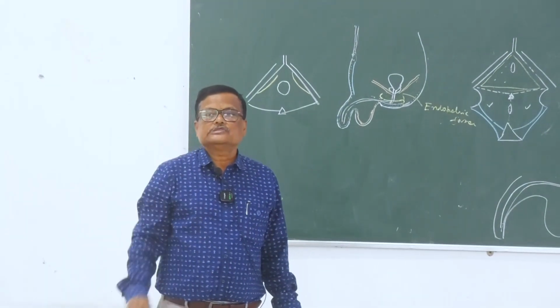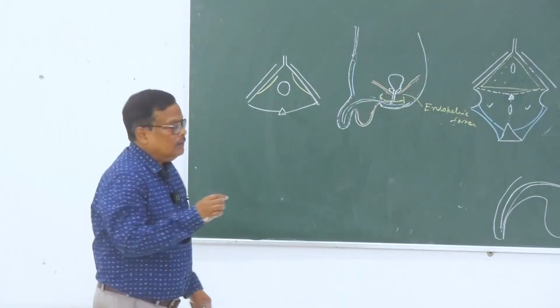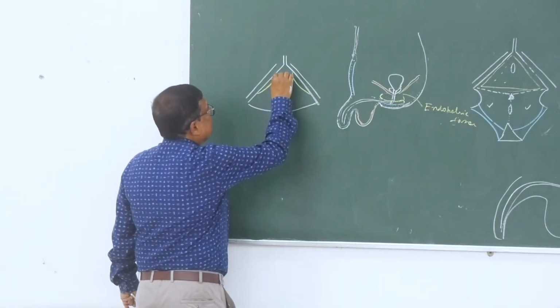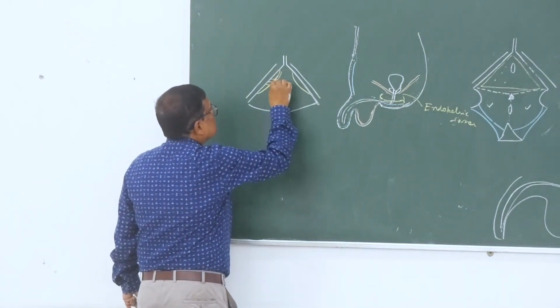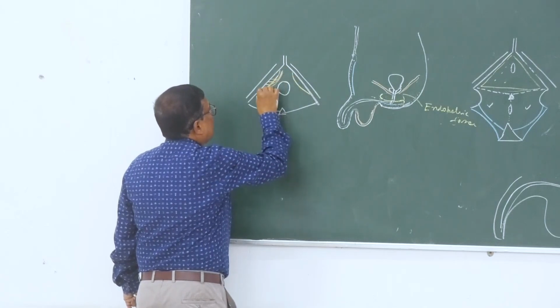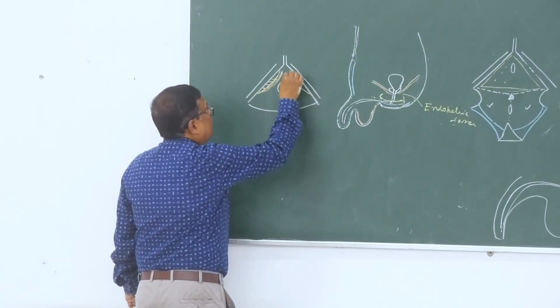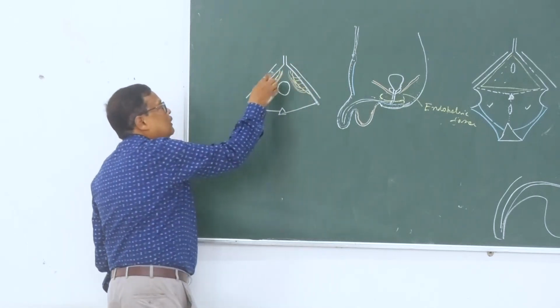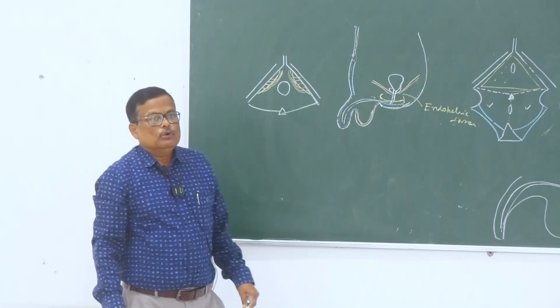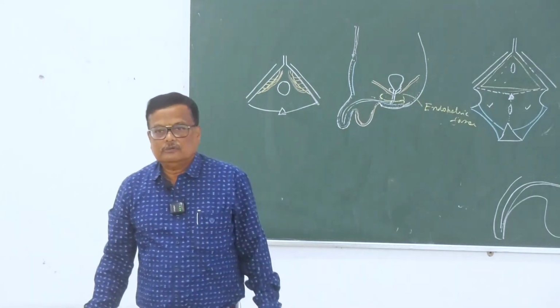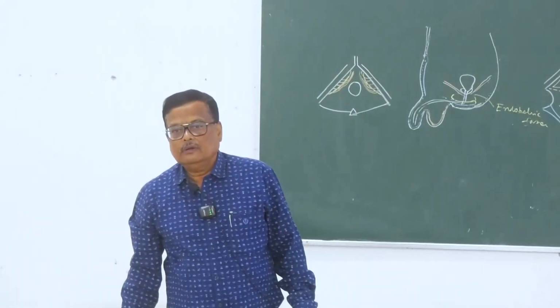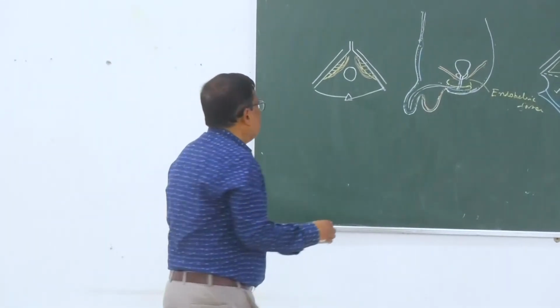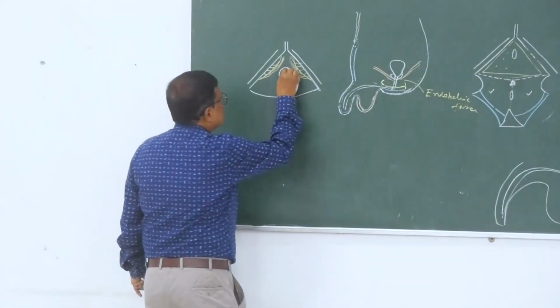Four important muscles are present here. One covering the crus of the penis, which covers the crus of the penis, we call istiocavernosus, one on either side, and one covers the bulb of the penis.